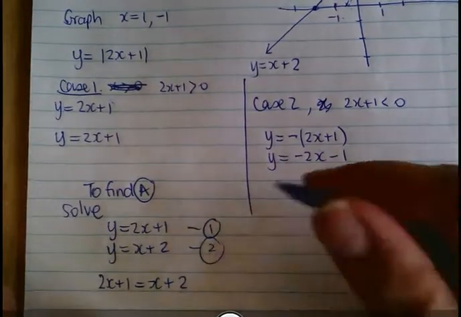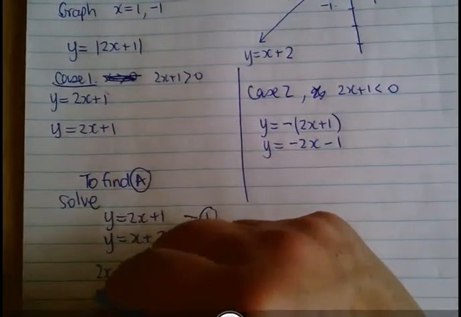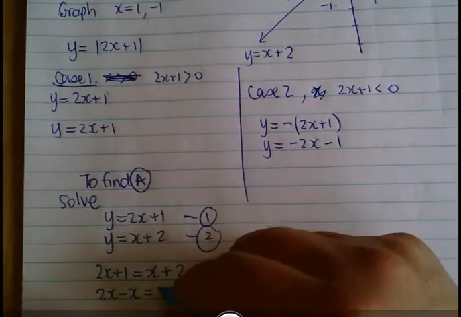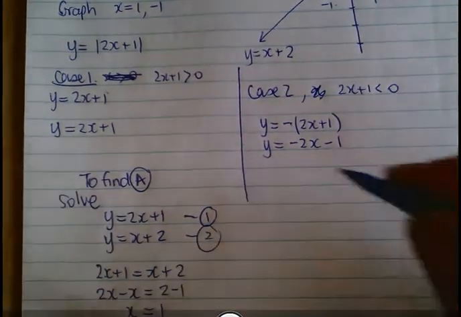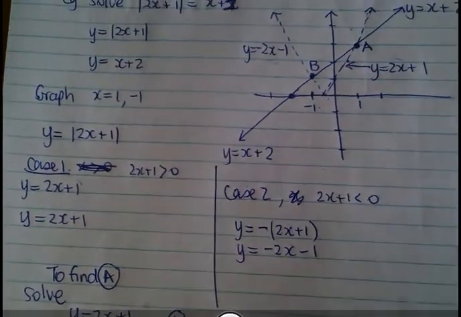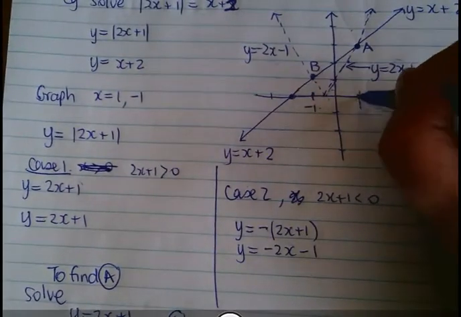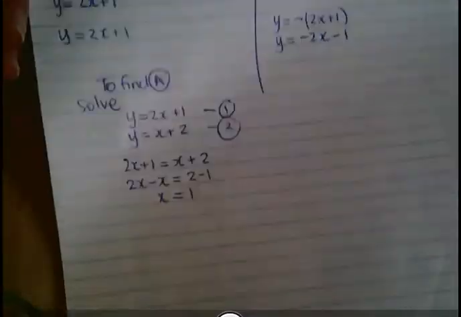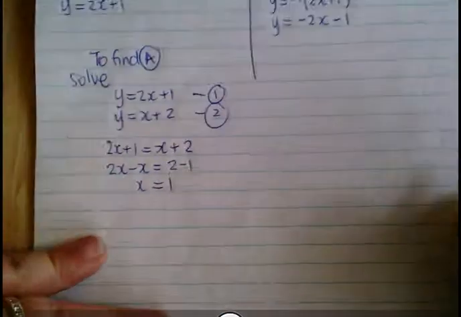What I'm really doing is subbing one equation into the other and solving that. 2x minus x equals 2 minus 1. I get that x equals 1. So I can see that for point A up here, the x value is 1.